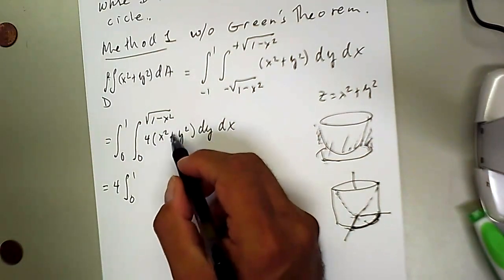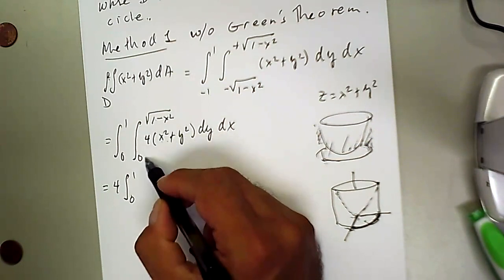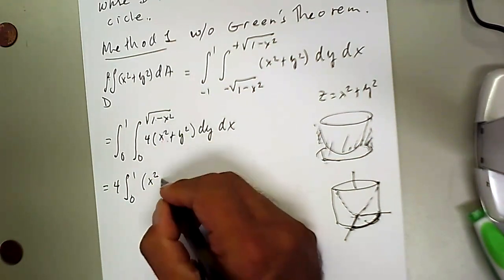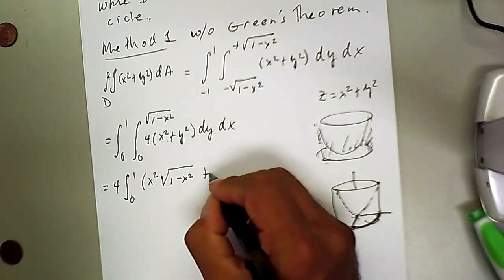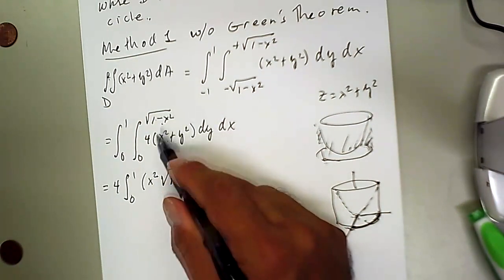Anyway, so we're integrating with respect to y. That means this is going to be x squared y, and we're going to plug in the limits. So we're going to end up with x squared times the square root of 1 minus x squared, plus, and then integrating with respect to y means we're going to do y cubed over 3, and we're going to plug in the top and the bottom.